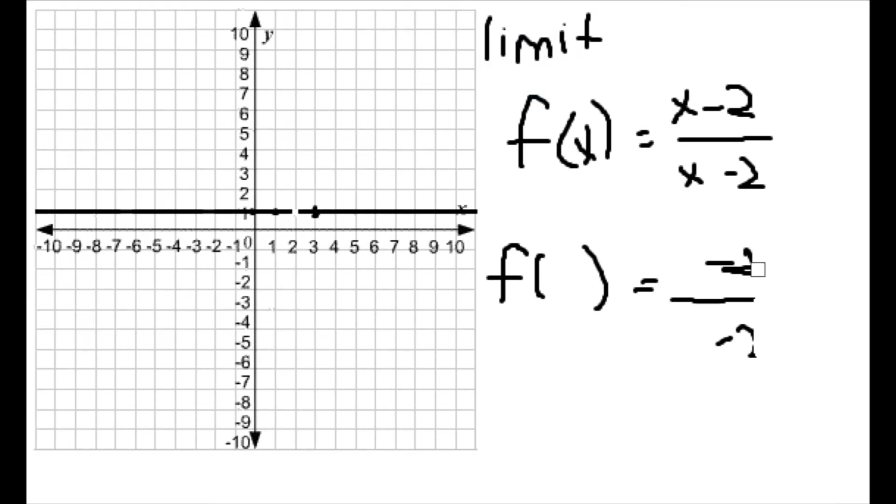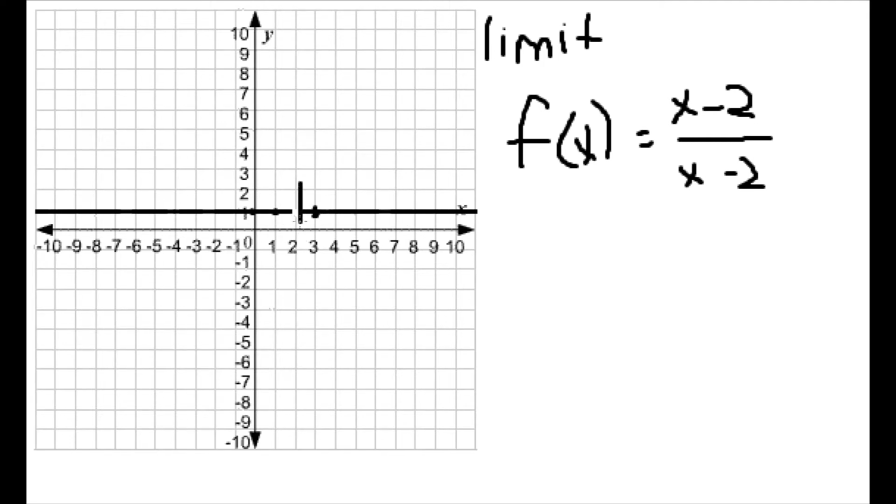So what if I ask a student, or just someone, what does the function look like as x is approaching 2? As we see, when x is approaching 2, f of x is getting closer and closer to 1. Like right here, maybe 1.99999, it's still equal to 1.